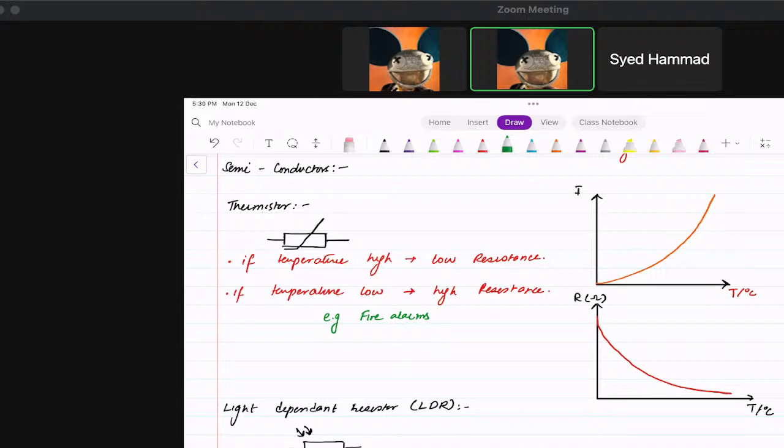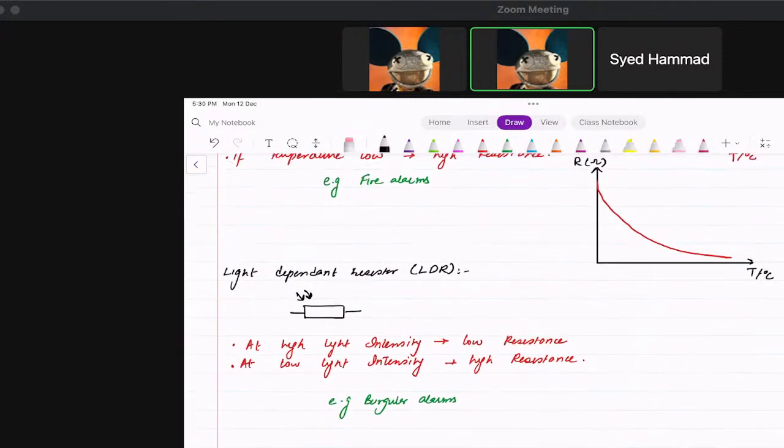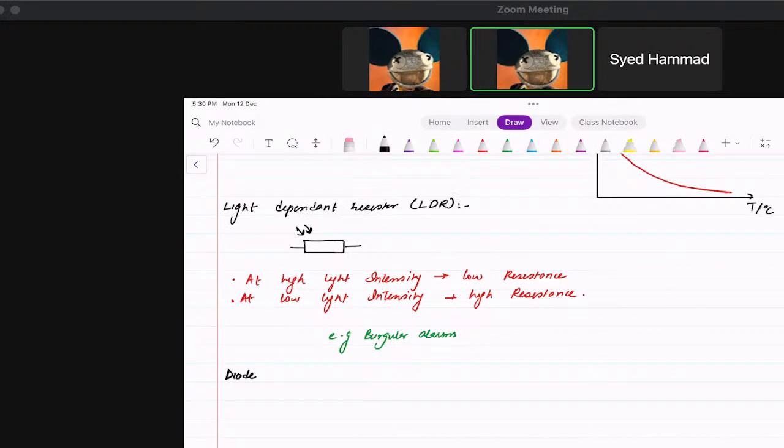All right. Now, the next thing is the diode. Now, a diode basically looks like this.